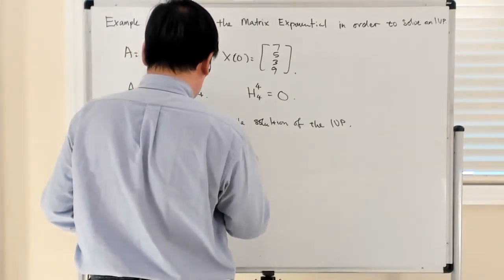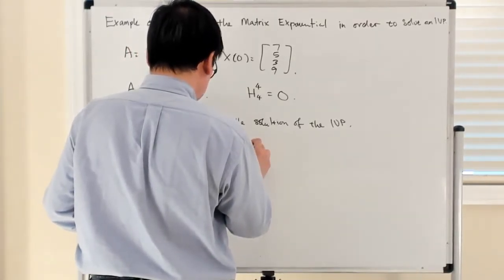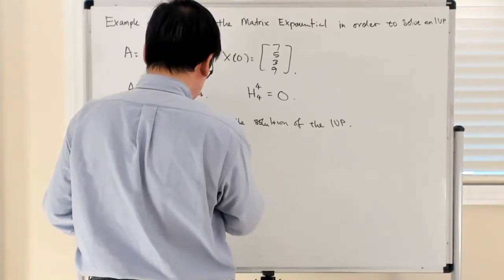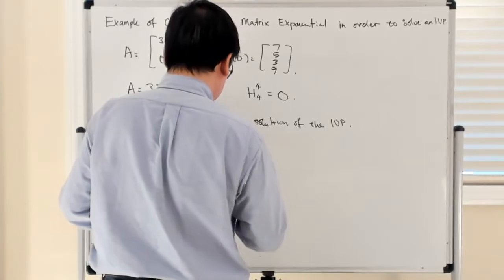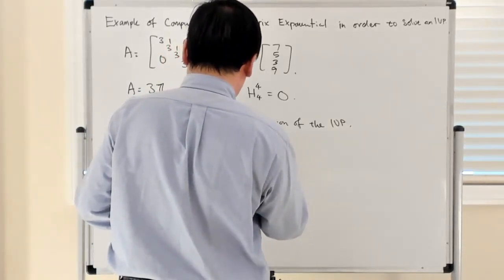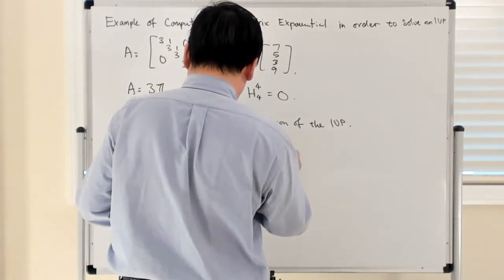So this is e to the 3t times the identity, and then this is e to the tH4.